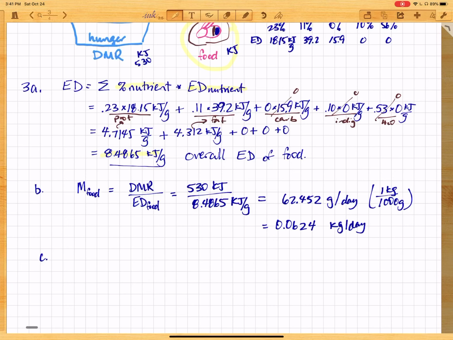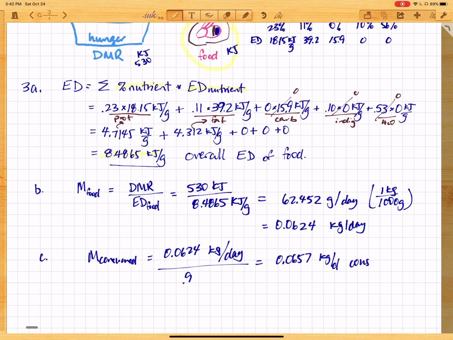So the snake will need to consume 0.0624 kilograms per day divided by 0.9. That's going to be 0.0657 kilograms per day consumed. So he needs to eat a little bit more.